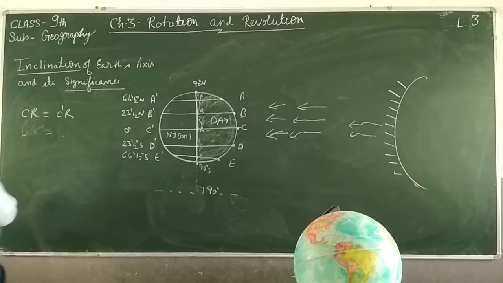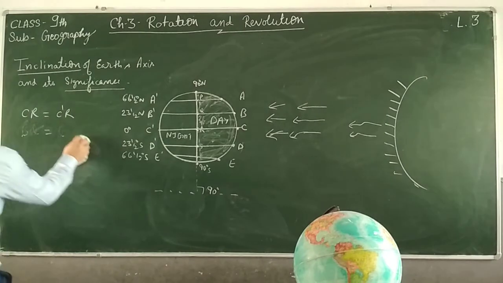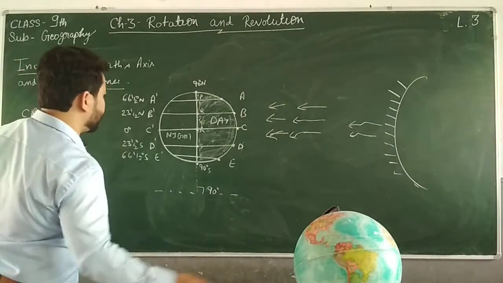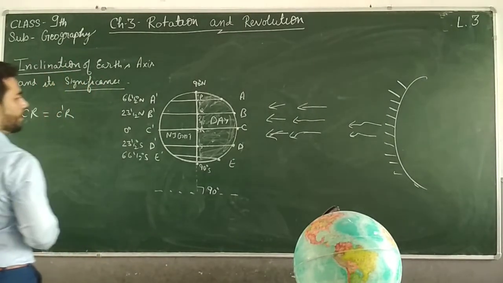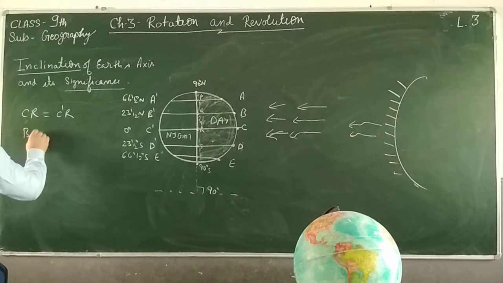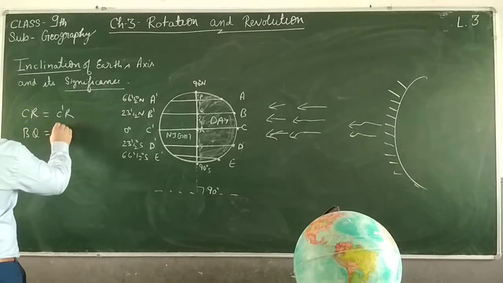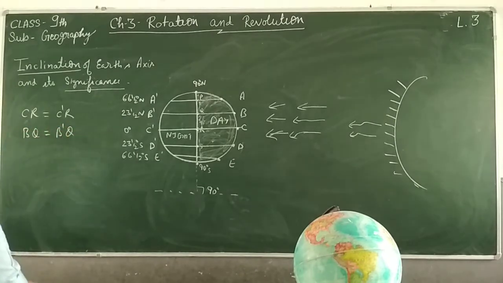We should take it in the same manner as we have taken CR and C dash R. So we can say BQ and B dash Q are equal.